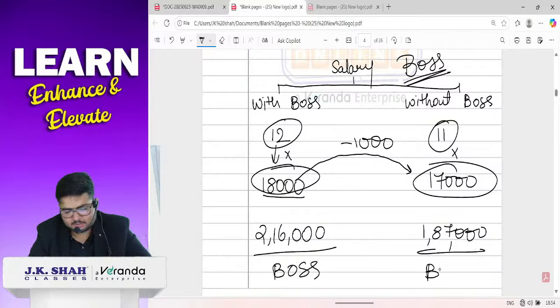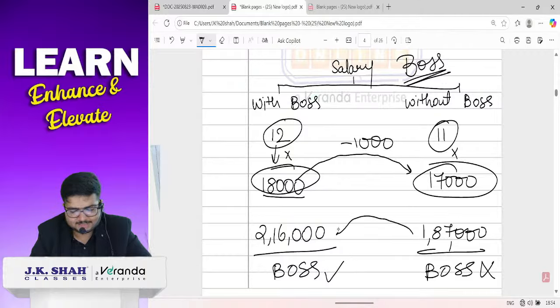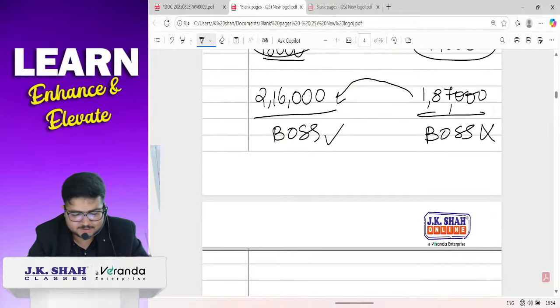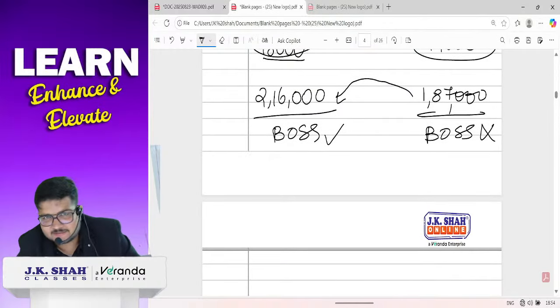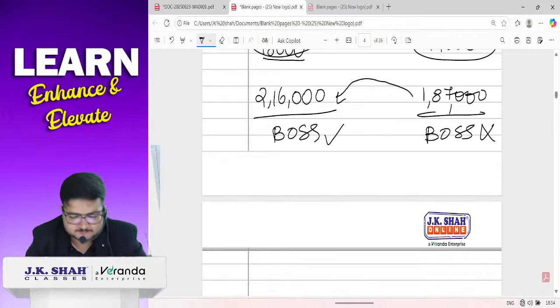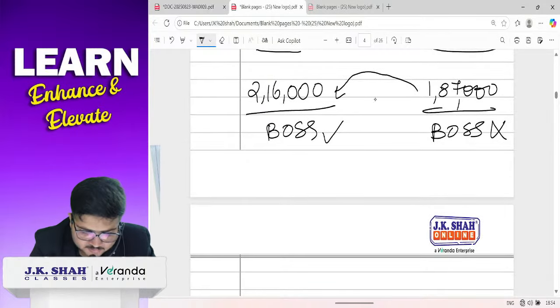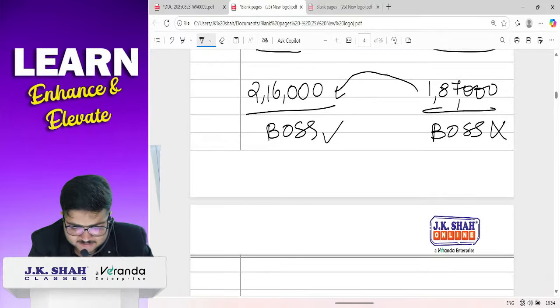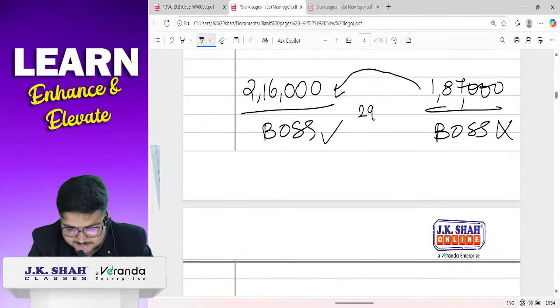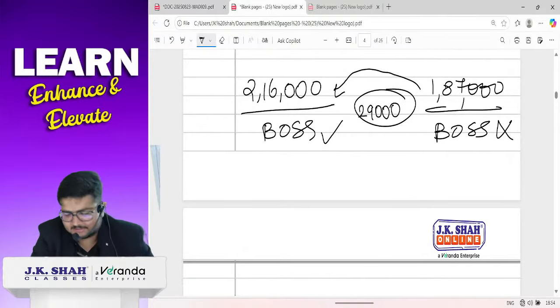Here, the boss is not there. So the salary that is increasing is because of the boss. So the difference between 2,16,000 and 1,87,000 will be the salary of the boss. What is the value of 2,16,000 minus 1,87,000? It is 29,000. This is the salary of the boss.